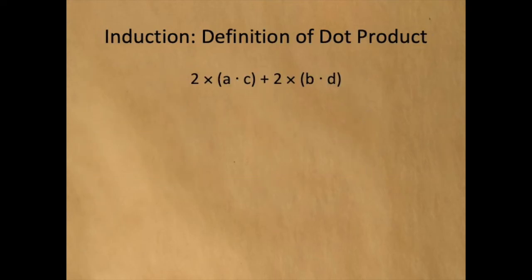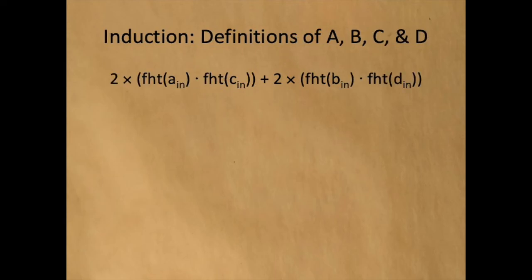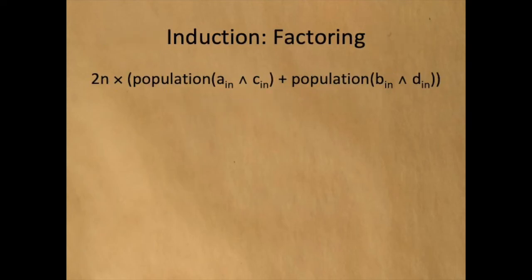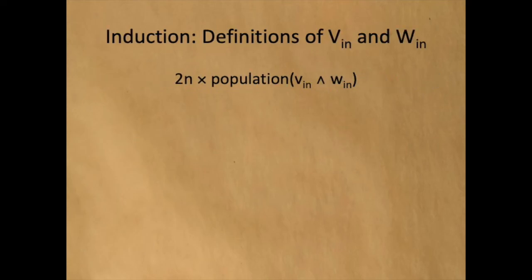Then we substitute the definition of dot product for each of the 4 groups. Then we substitute the causes of A, B, C, and D. Then we apply the inductive hypothesis. Then we factor out 2n. Then we substitute the definitions of Vn and Wn to produce the right hand of the equation to be proved.